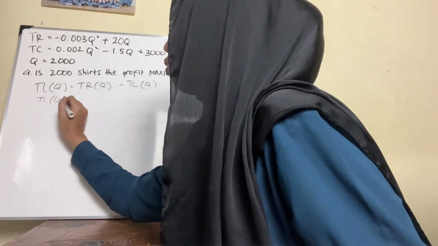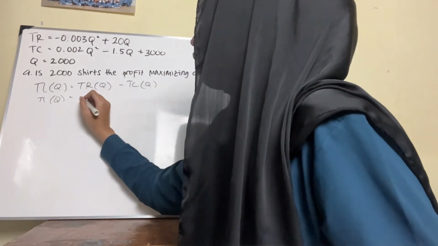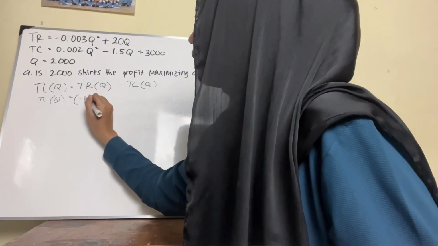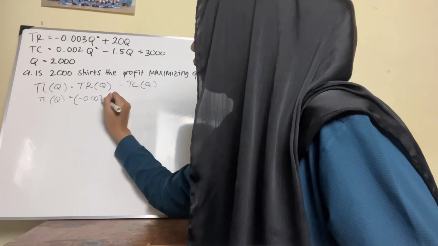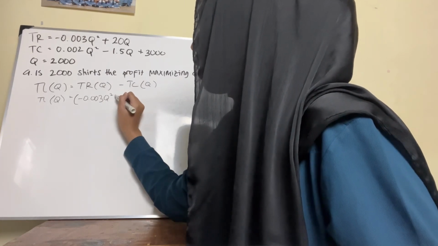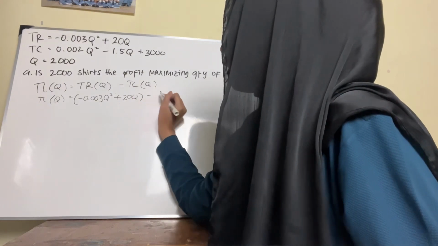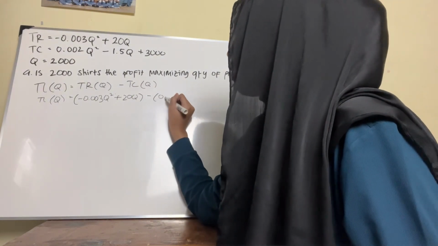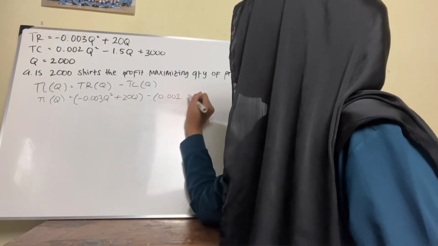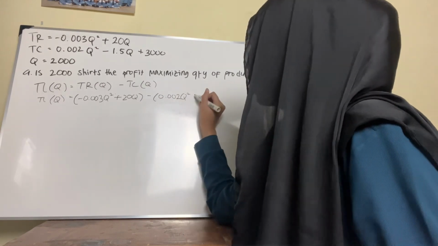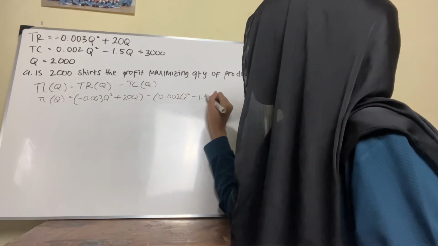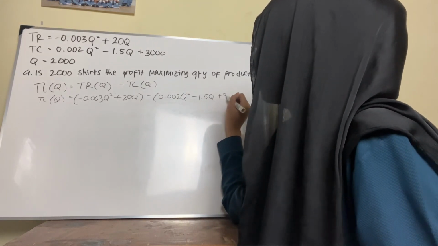Phi of Q equals minus 0.003 Q squared plus 20Q minus 0.002 Q squared minus 1.5Q plus 3,000.